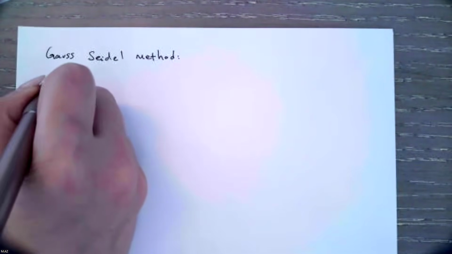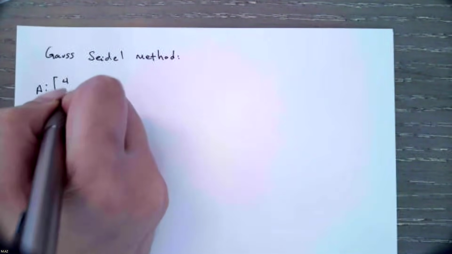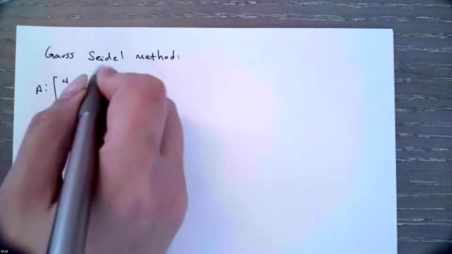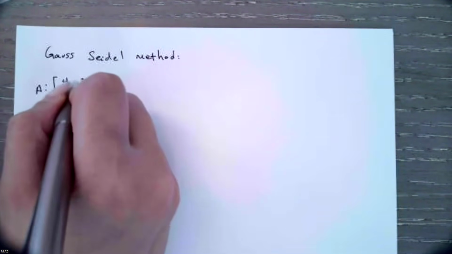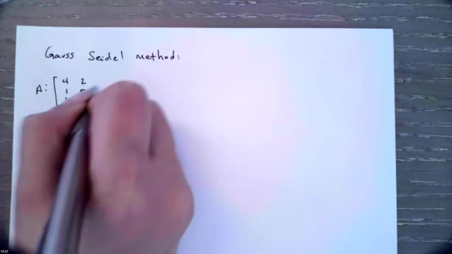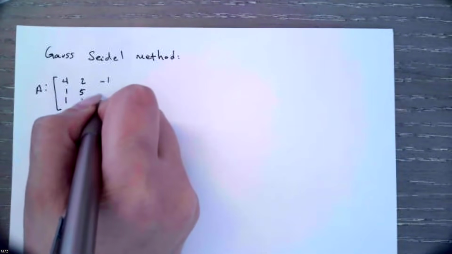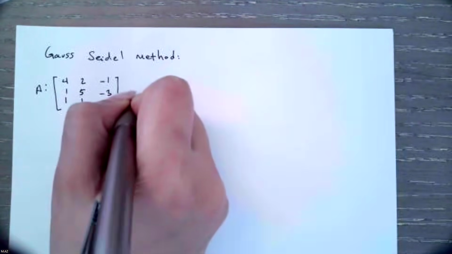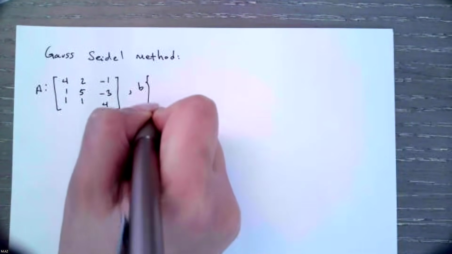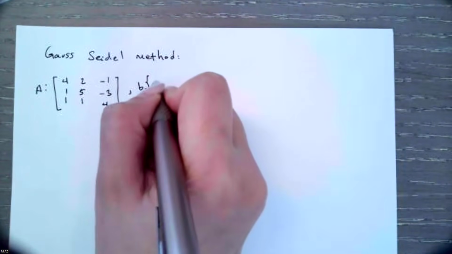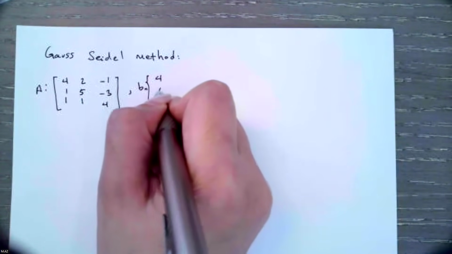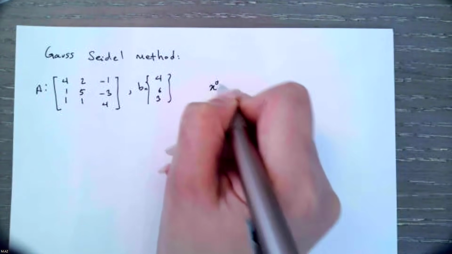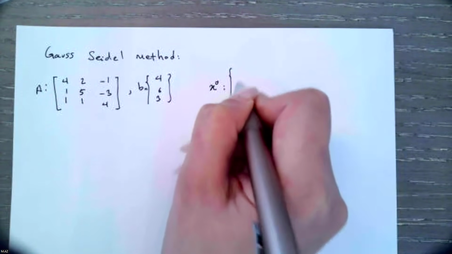This is the matrix of coefficients, and this is the right-hand side vector. This is the initial guess.